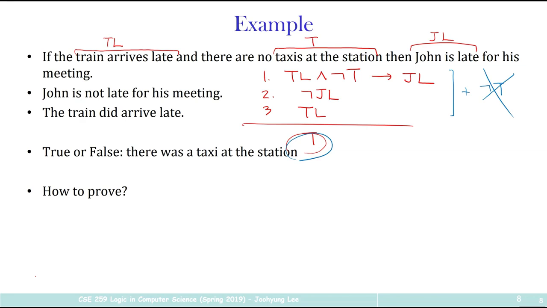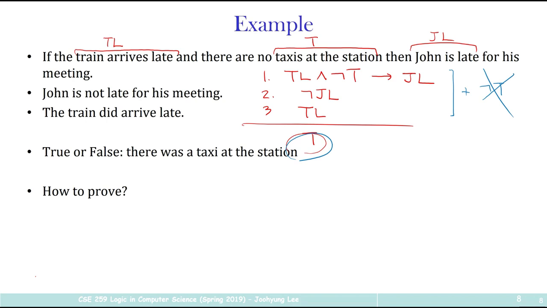That's actually what you do in reasoning, right? Even without using these symbols, you basically say, what happens if there was no taxi at the station? From the condition that the train arrived late, and also there's no taxi at the station, I can see from the first sentence John should be late for his meeting, but I also know that John is not late for the meeting.